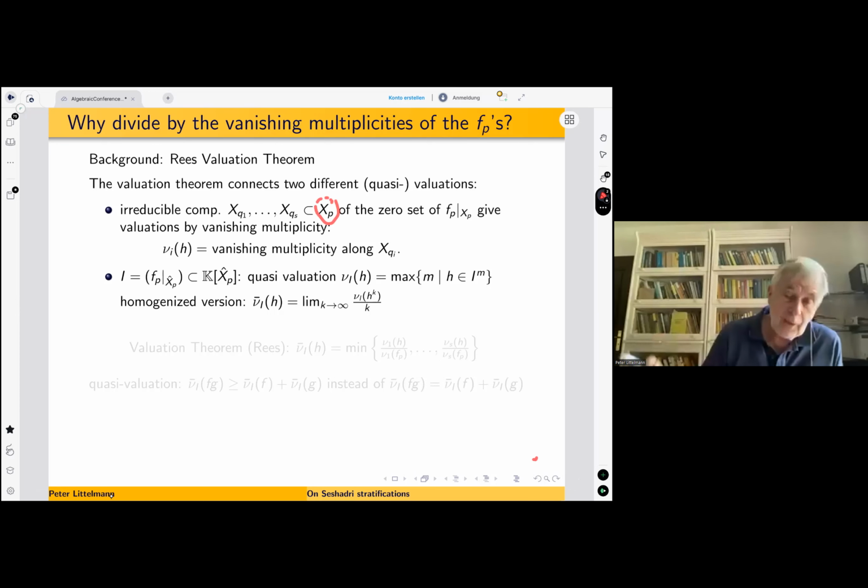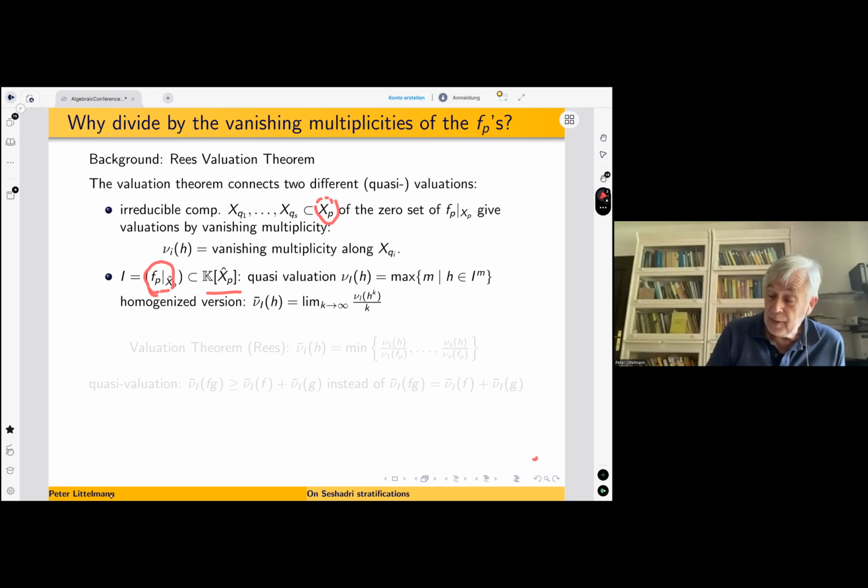Now there is another option, the so-called Rees valuations, which are defined in the following way. Instead of looking at the divisors, I take the principal ideal I generated by my extremal function inside the coordinate ring of the affine cone over my X_P. Then I define quasi-valuations as follows.